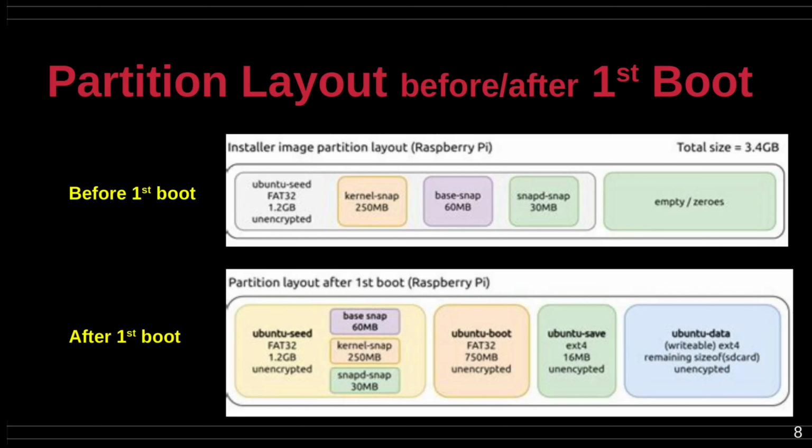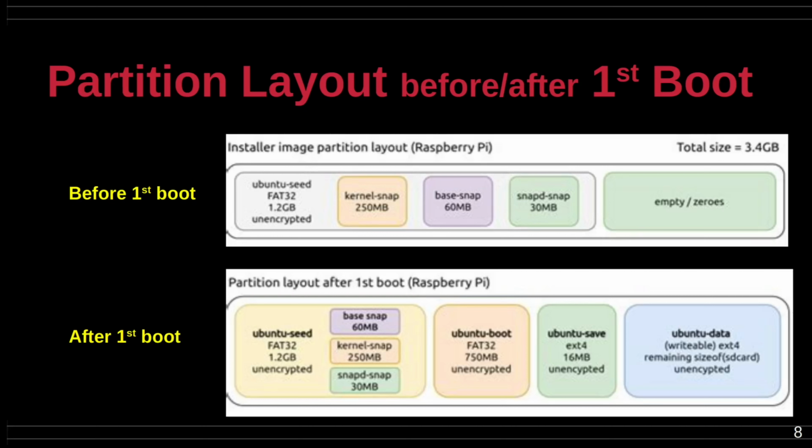After the micro SD card has been flashed with the Ubuntu Core image, the layout structure is similar to that shown in the upper block diagram. Notice the 3 key snaps that are present already prior to the first boot: the kernel snap, base snap, and snapd snap. There is nothing else in the primary partition.